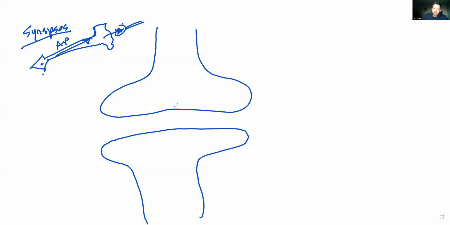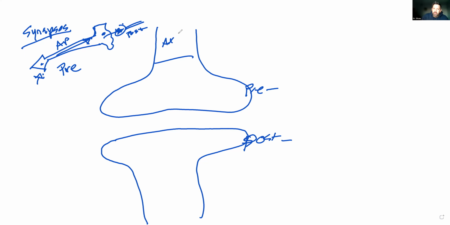If this neuron right here is the first one, propagating the signal and transferring it to the next one, we would call this the presynaptic side. If we're on this side right here, this is the presynaptic, and this would be the postsynaptic.